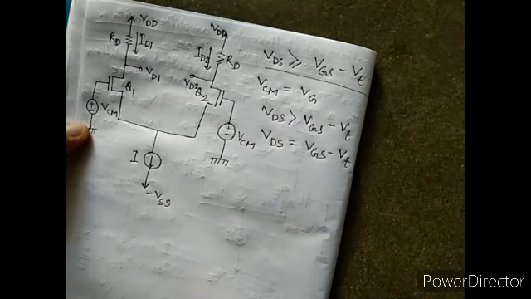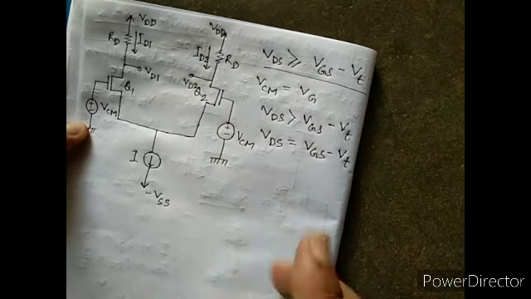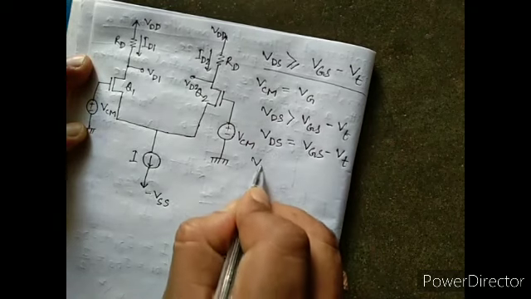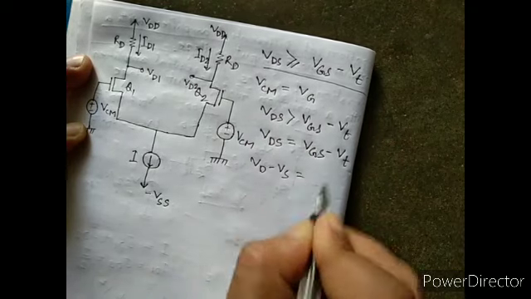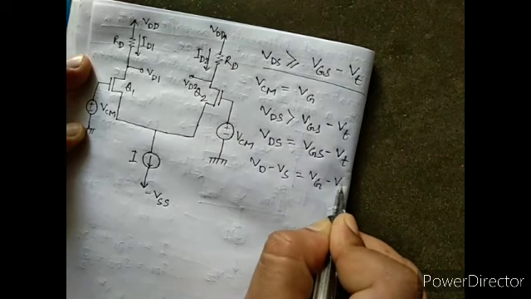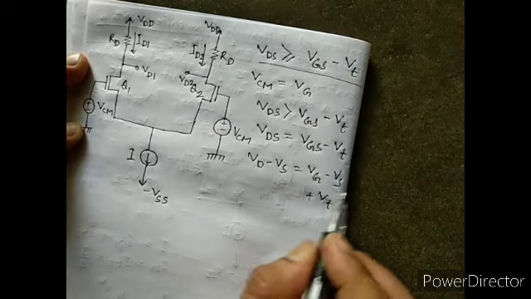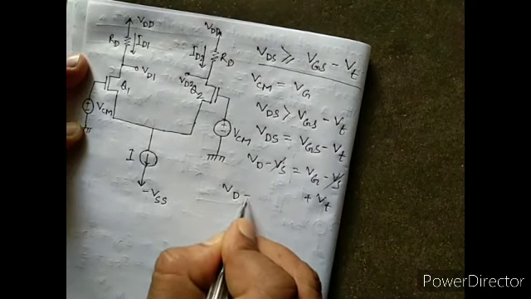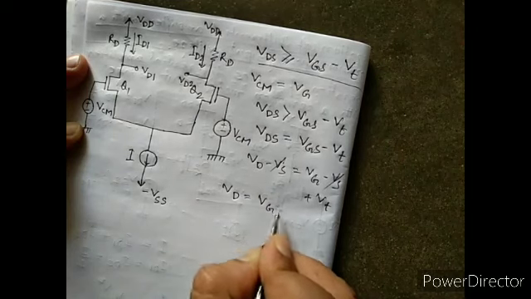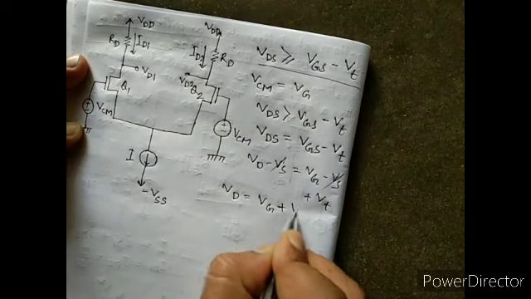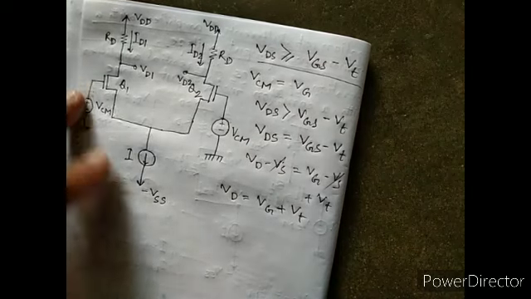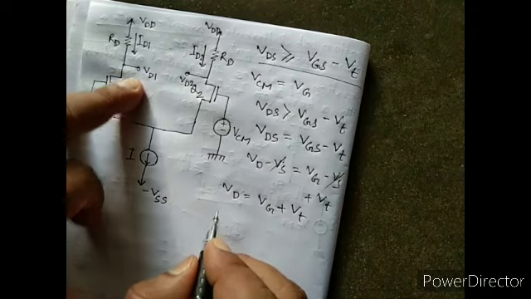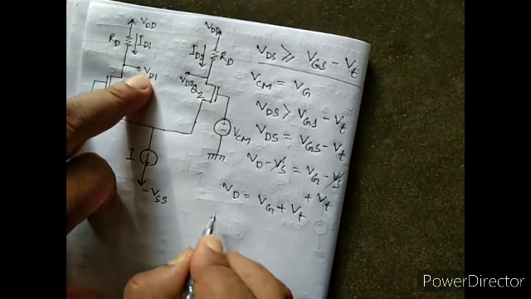So if we write that, then VDS is VD minus VS equals VG minus VS plus VT. If you cancel out VS, then VD equals VG plus VT. That's the condition. So VD is nothing but the potential at VD1.